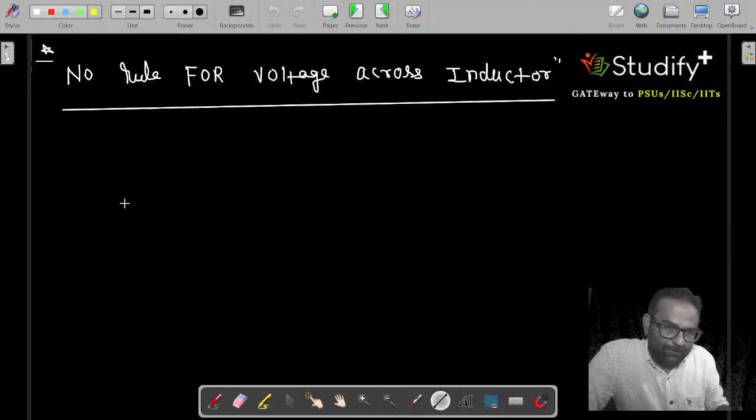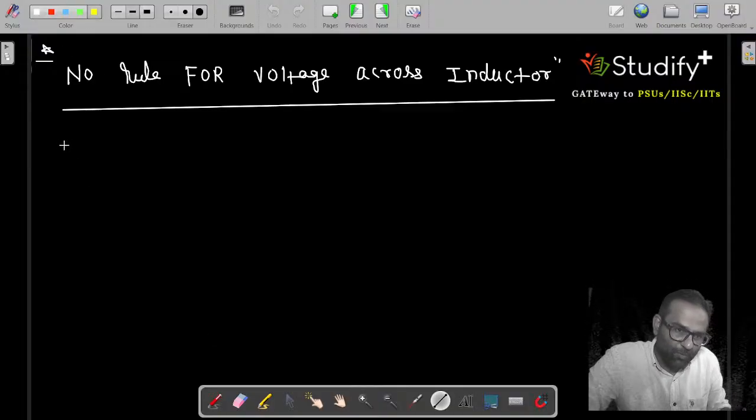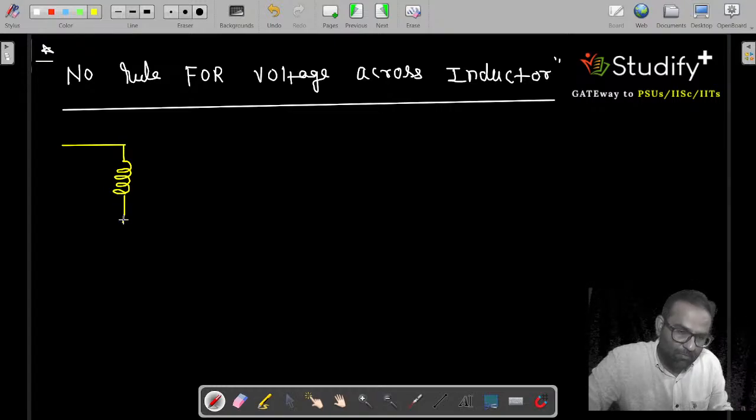Now, our equation for the inductor, let me write it again. Let's have a few more concepts.